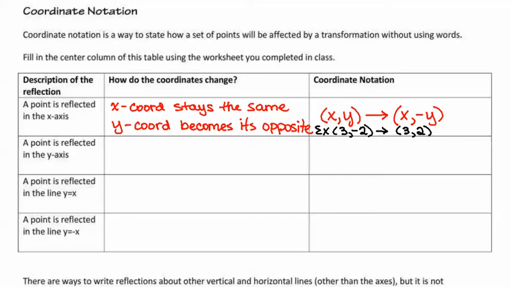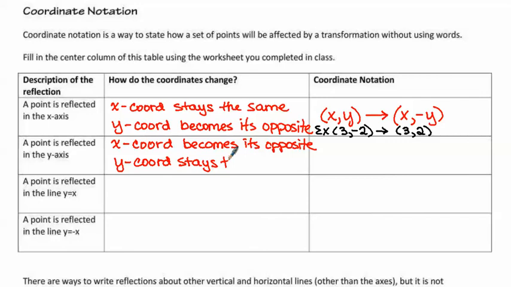The next one, reflecting a point in the y-axis. And we said in the y-axis, that means the x coordinate becomes its opposite, and the y coordinate stays the same. Nothing's going to change in that aspect.